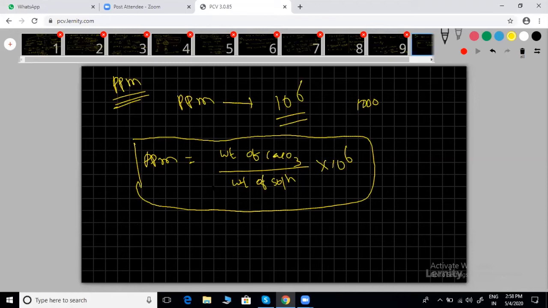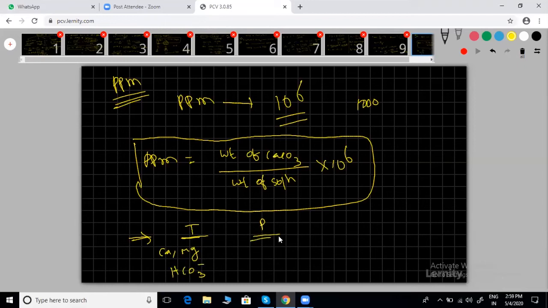And before that, what is the degree of hardness? I hope you know which salts cause the degree of hardness: temporary and permanent. Temporary means calcium and magnesium bicarbonates, is it correct? Bicarbonates with respect to HCO3 minus.